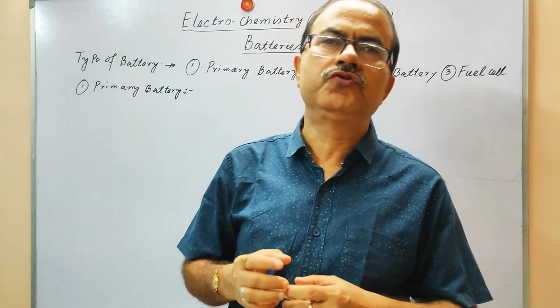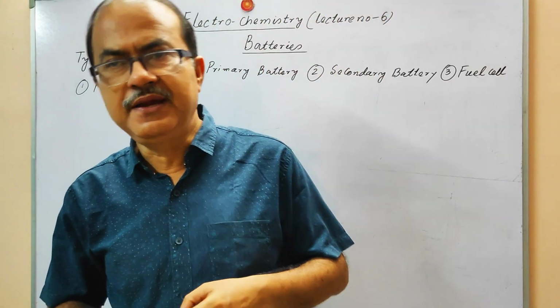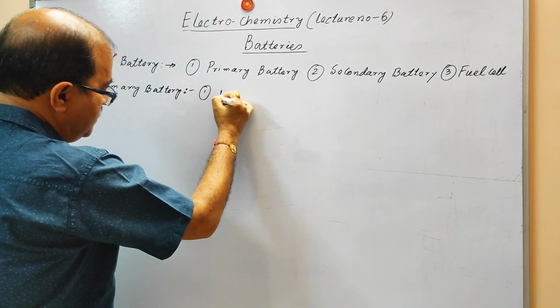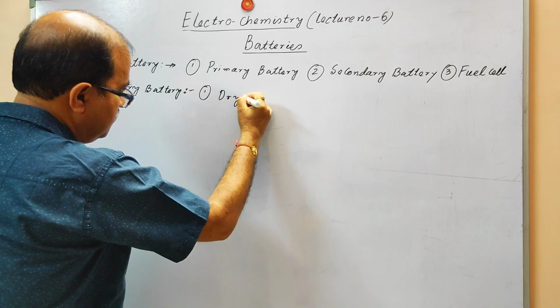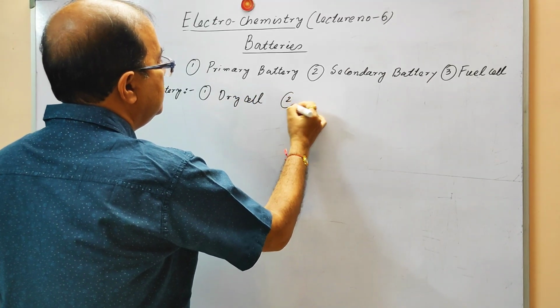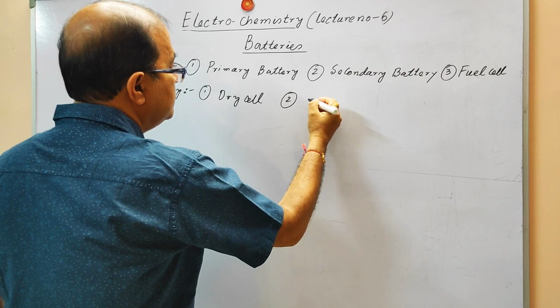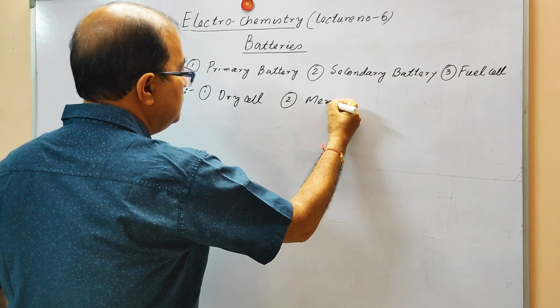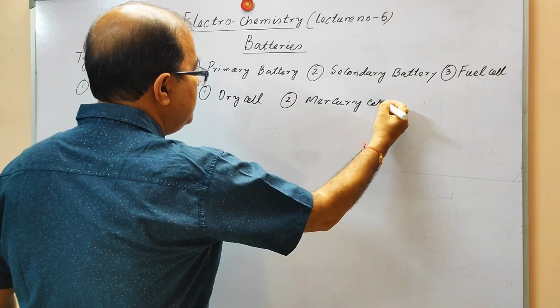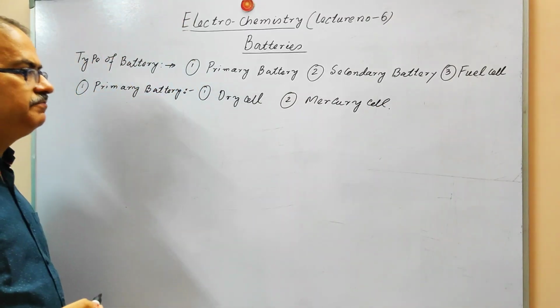The most familiar primary batteries are, number one, the dry cell, and second, the mercury cell, or you can say the mercury battery and the dry battery.